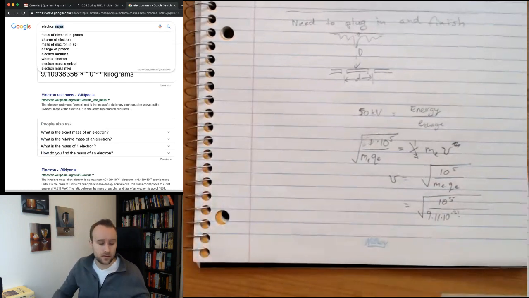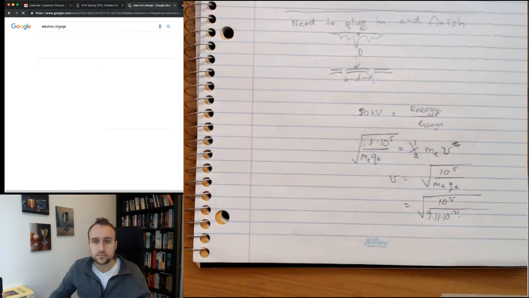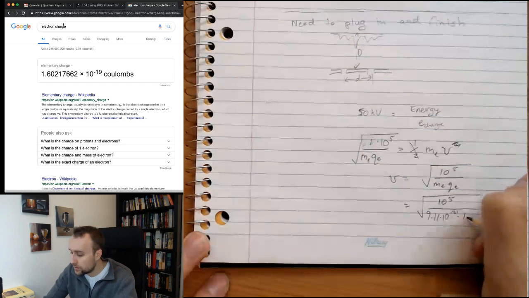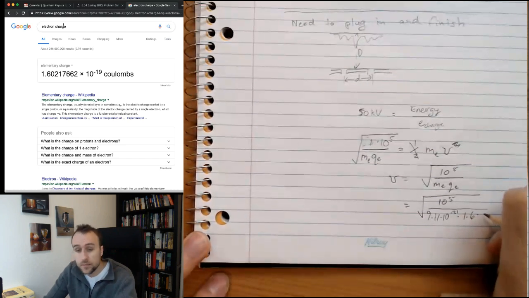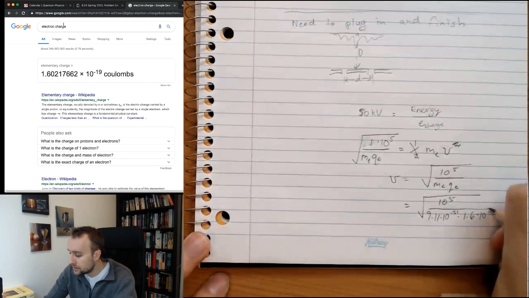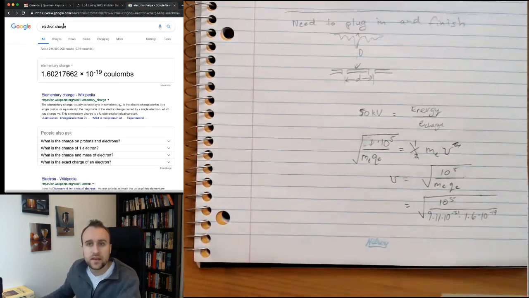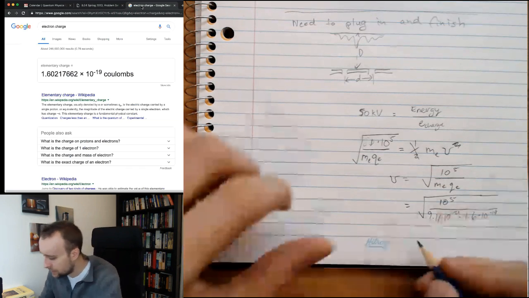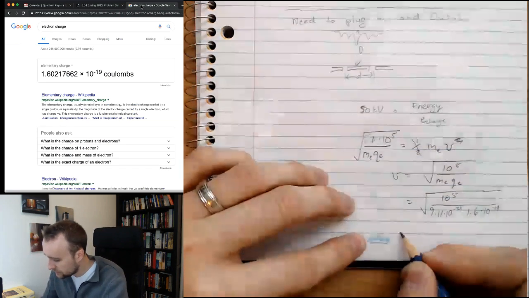And then the charge is going to be 1.6 times 10 to the negative 19th coulomb. We did say kilovolts, right? It wasn't electron volts, kiloelectron volts. Yeah, kilovolts. Okay. And so then all that is required is to calculate this right here.